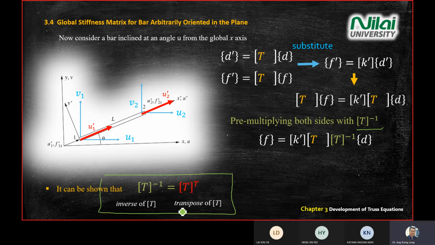So again, what is a transpose matrix? Refer to appendix A, or your calculus textbook. We don't have time to cover the mathematics part, so you need to recall what you learned in your advanced mathematics or calculus 2 program.